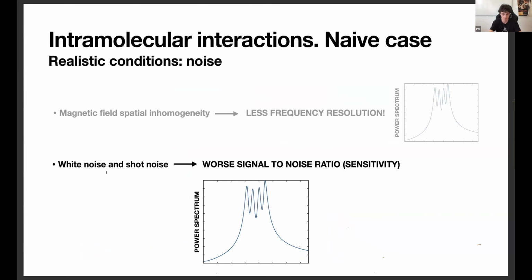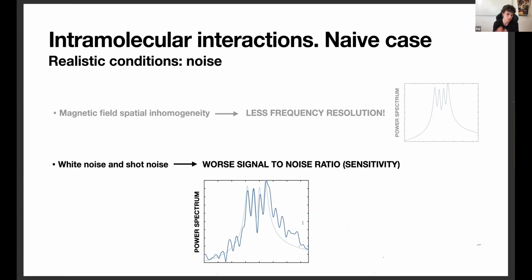And in any quantum mechanics experiment, there is shot noise. So the spectrum actually would not look like this, but it would be something much messier. So the spectrum would get much uglier. And this is due to the different sources of noise.